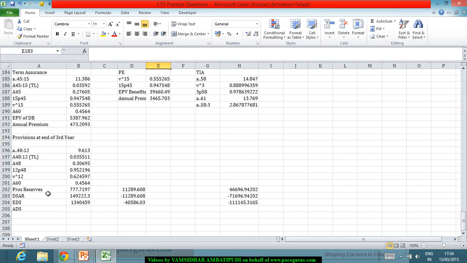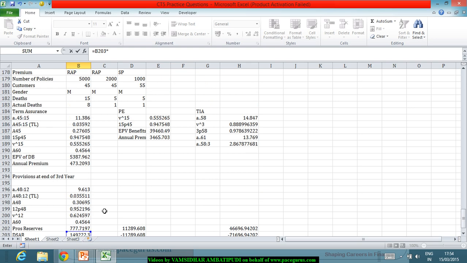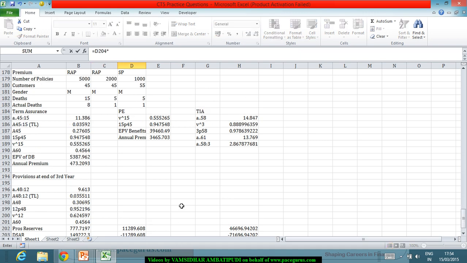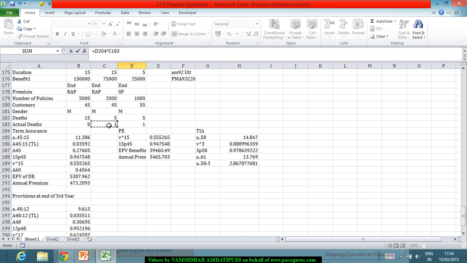So if I look at the actual death strain, for each policy there are 8 such deaths that have occurred, which means this is the actual death strain. Whereas this is for each policy in case the death occurs and there was only 1 death.